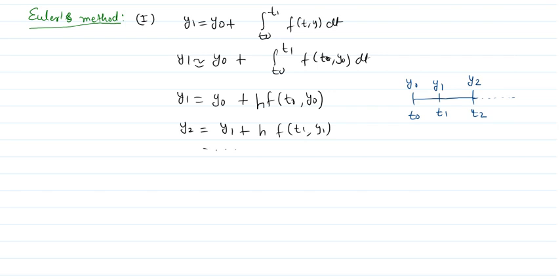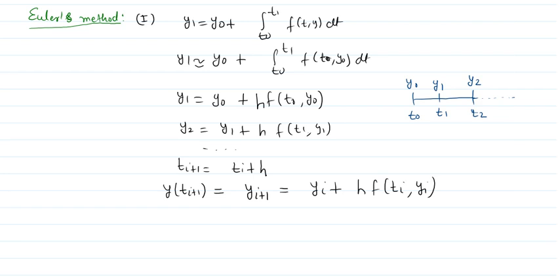So in general I write it as: the t(i+1) point, that is ti plus h, and the solution at this point t(i+1) is denoted by y(i+1), and this is just yi plus h f(ti, yi), and this is called Euler's method.